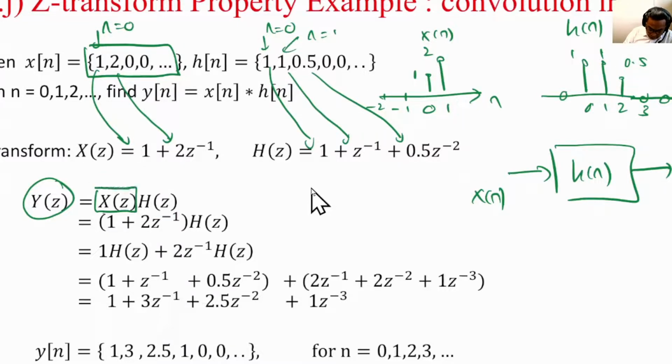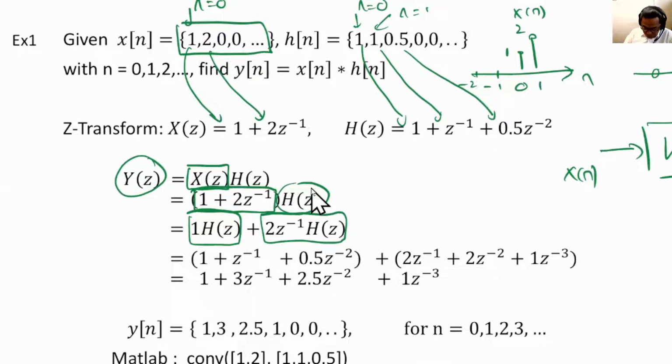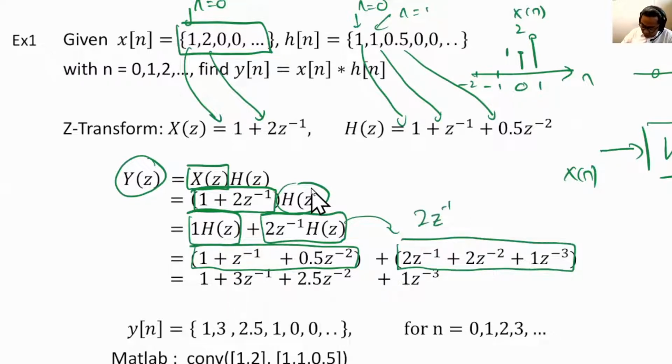I will write X(z) first, which is 1 plus 2z^-1, and retain H(z) to see how multiplication acts on it. It will distribute, so we have 1 times H(z) plus 2z^-1 times H(z). That is simply taking 2z^-1 times 1 plus z^-1 plus 0.5z^-2.